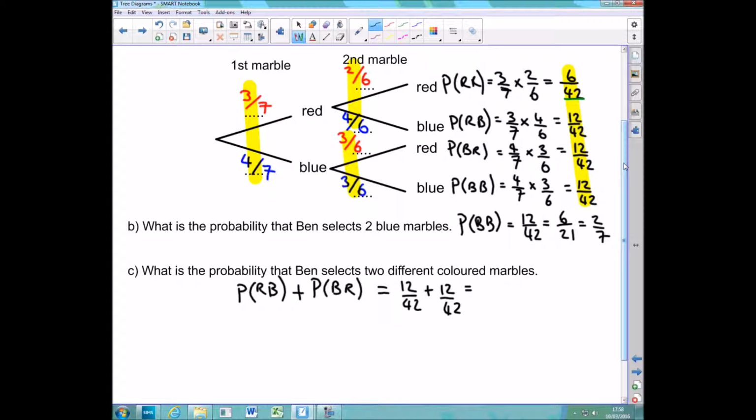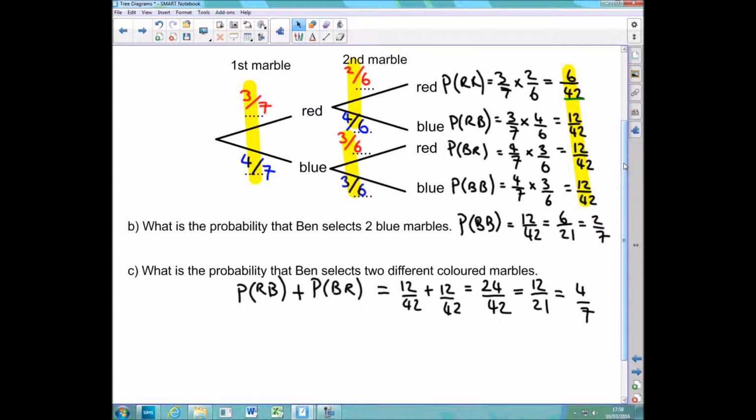And that, because they've got the same denominator, is now a lot easier to do, is 24 over 42. Remember, this is the point when you can simplify. First off, they're both even, so I can halve both of them, 12 and 21. I've also spotted they're both in the 3 times table again, so that is 4/7.